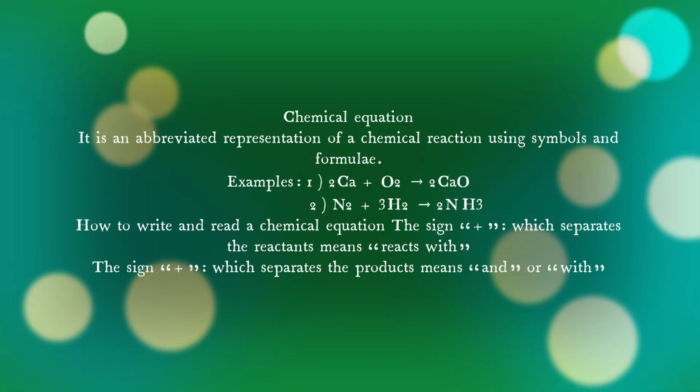After doing this, step number 2: balance the atom which has the maximum number. So you have to see which atom has a higher number compared to others. You have to balance that one first on either side of the chemical equation. So you have to look at both the product and the reactant, and find the one which has the maximum number of atoms. You have to start from that.